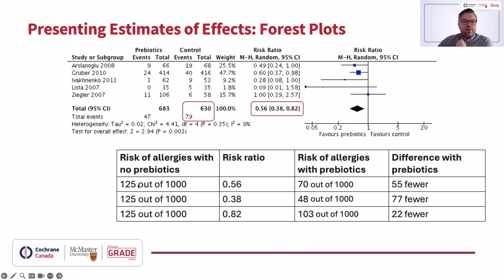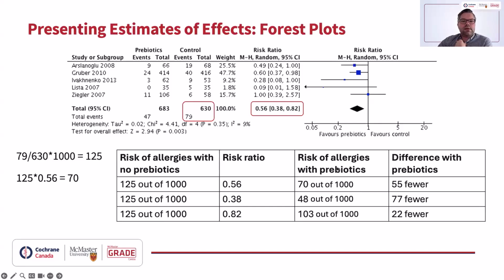So for 125 out of 1,000, which is 79 out of 630 people, is a risk of allergies with no prebiotics in this example. Risk ratio is 0.56. When we multiply 0.56 by 125, we get 70 people with allergies with prebiotics.